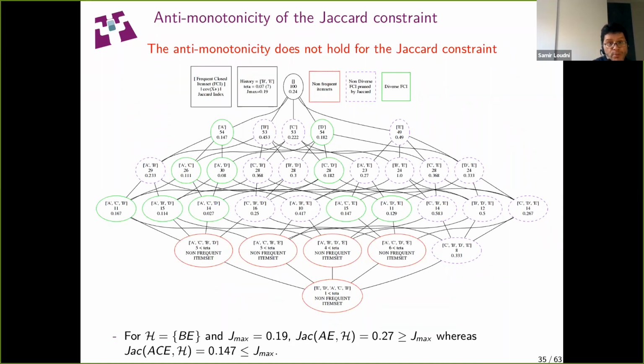One property is what we call the downward closure or the anti-monotonicity property. But here, if we look at the Jaccard constraints, we can see that the anti-monotonicity property does not hold for this constraint. Let me show you an example.